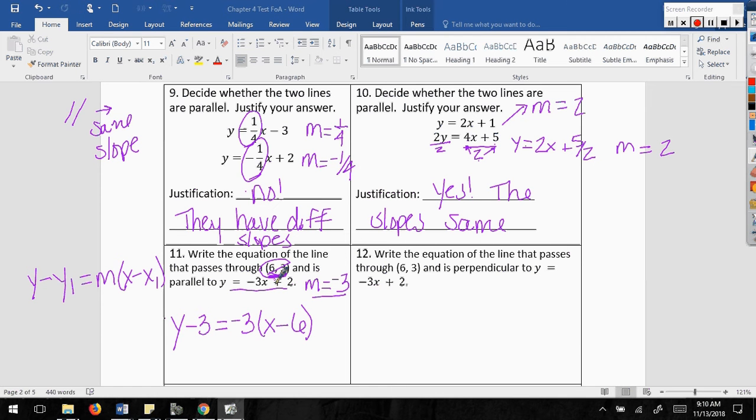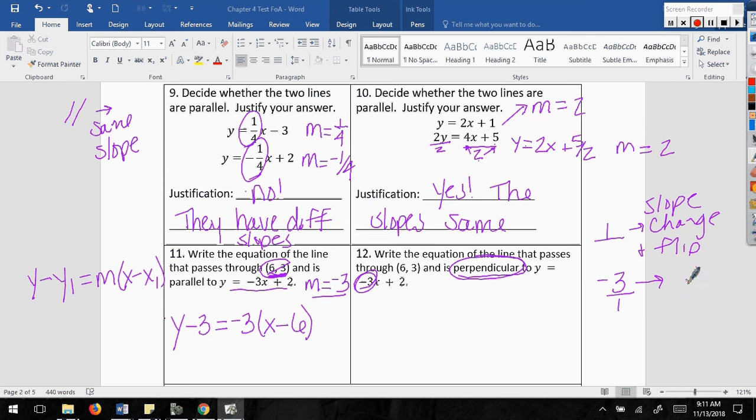Okay? Same thing here for the next one, but this one, very careful here, says perpendicular. Now remember, perpendicular means change the sign and flip the fraction of the slope. So when you look at the equation here, the slope is negative 3. So if the slope is negative 3, then the perpendicular slope, remember that's like over 1, change the sign to positive and flip the fraction.